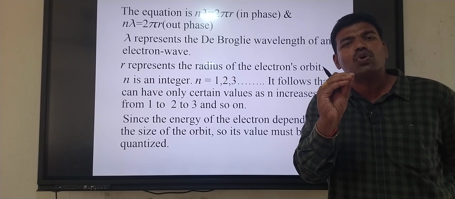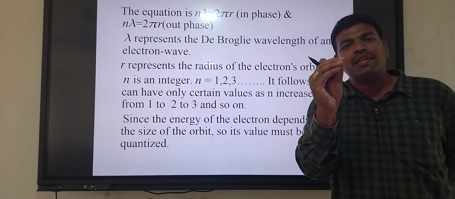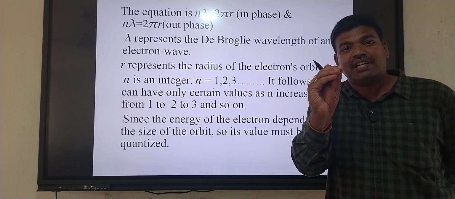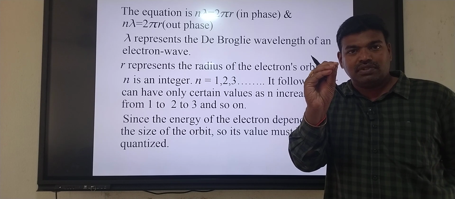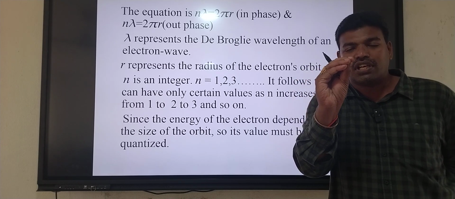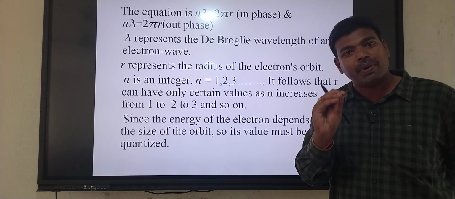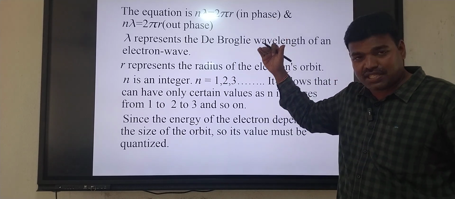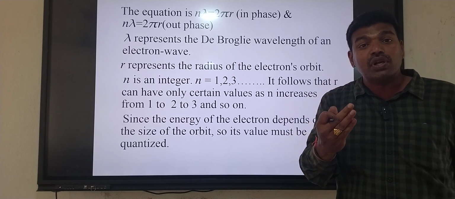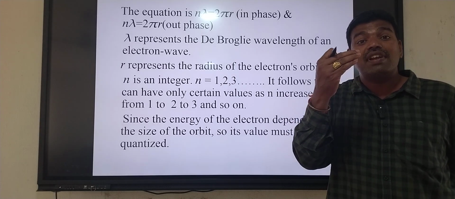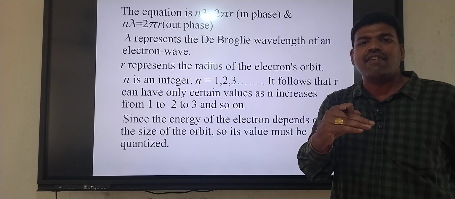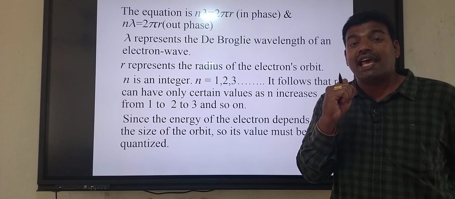That is de Broglie's hypothesis, and moreover he proposed that the wavelength of that stationary wave is equal to the circumference of the circular orbit, n lambda is equal to 2 pi r. Based on this hypothesis, de Broglie derived a wavelength for this electron wave.